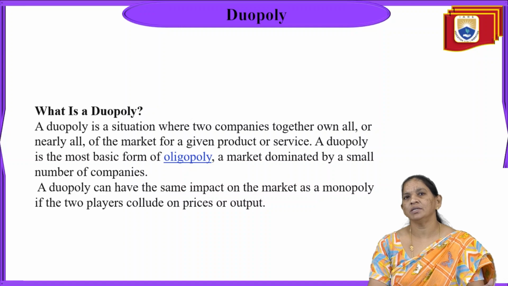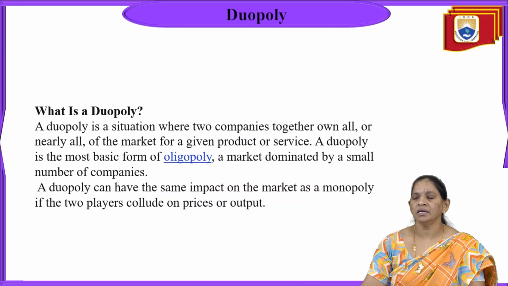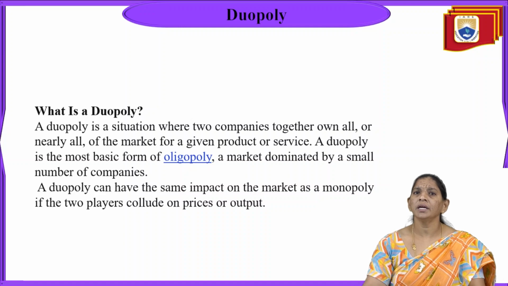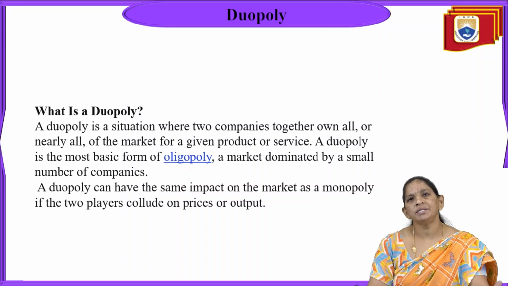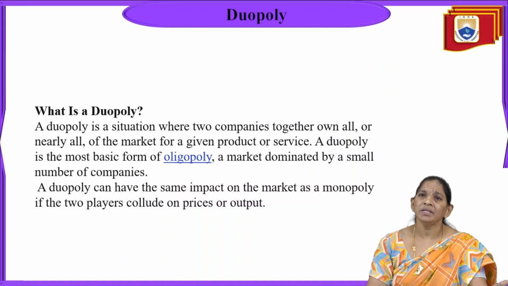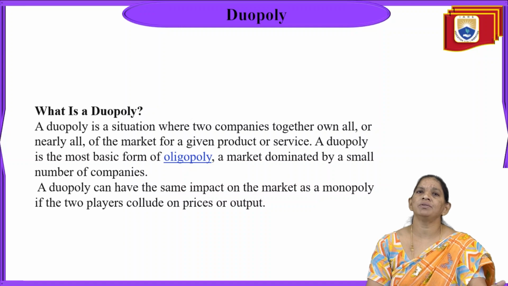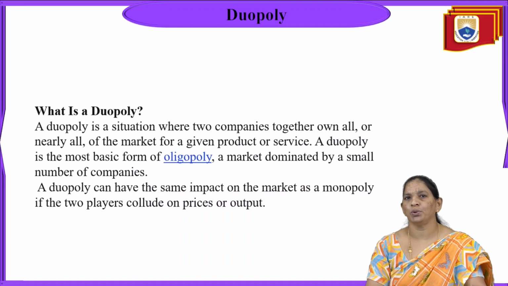On one side we have seen what perfect competition is, its nature, and price and output determination. After that we have seen imperfect competition like monopolistic competition, monopoly and oligopoly. And another market structure in imperfect competition is duopoly.